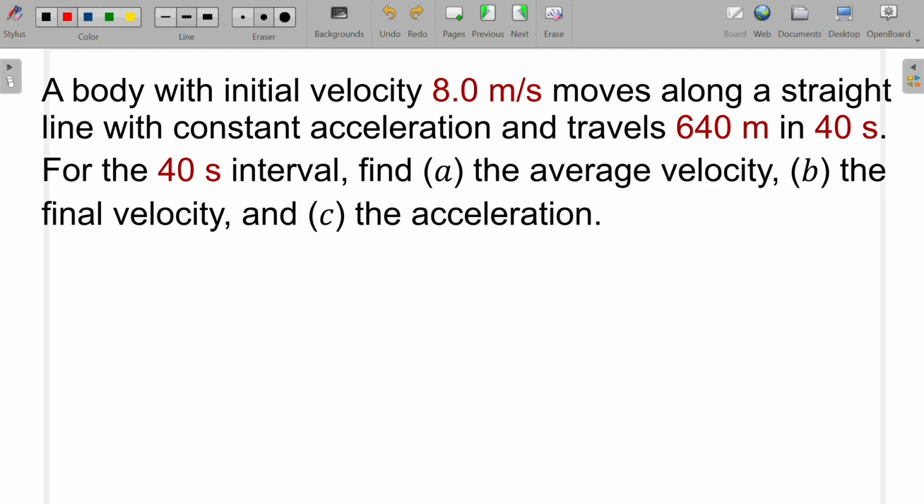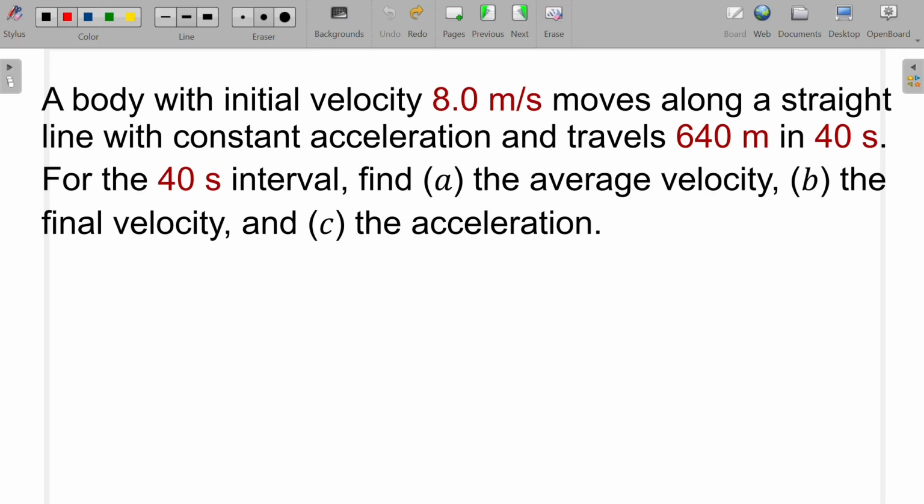Let's start with the information we are given. So the initial velocity, meaning the starting velocity, let's represent that by u, is given to be 8.0 meters per second. So when the initial velocity is 8.0 meters per second, the time was equal to 0 seconds. Before the journey started, time we had is 0 seconds, and the initial velocity we started with at this time is 8.0 meters per second.